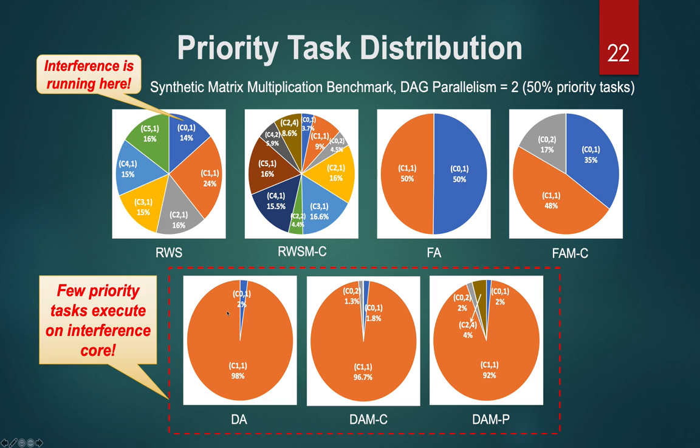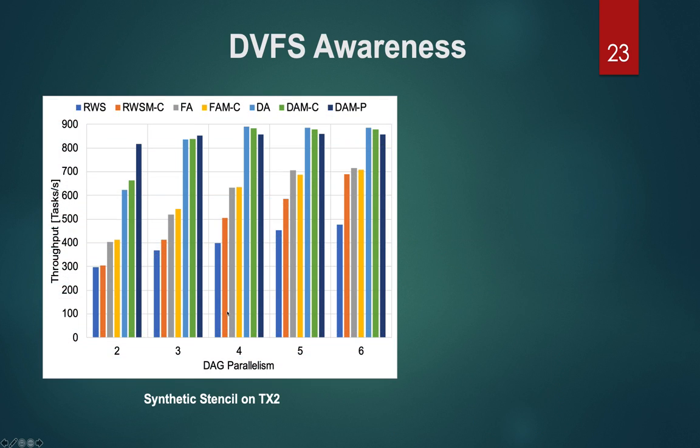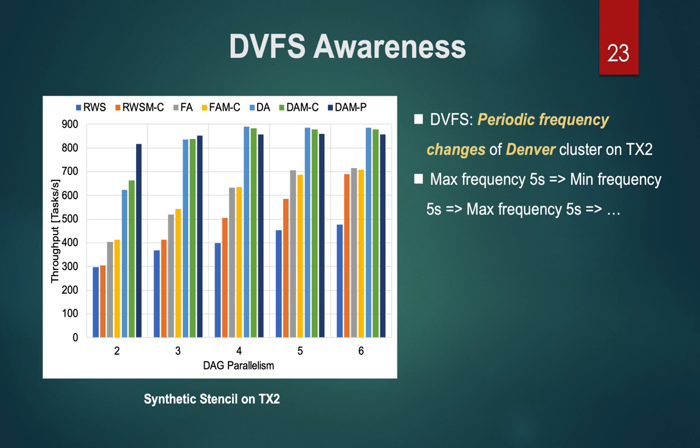The other type of interference is DVFS. Here the figure is stencil on TX2. We emulate DVFS as a core-clustered periodic frequency change from maximum to minimum to maximum again, with each setting staying for 5 seconds.